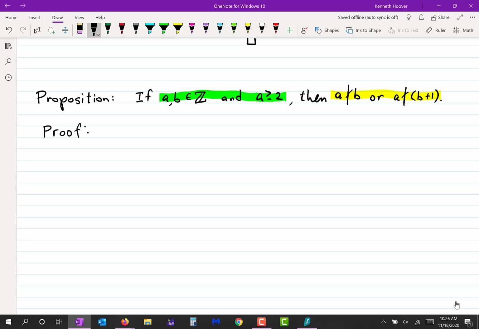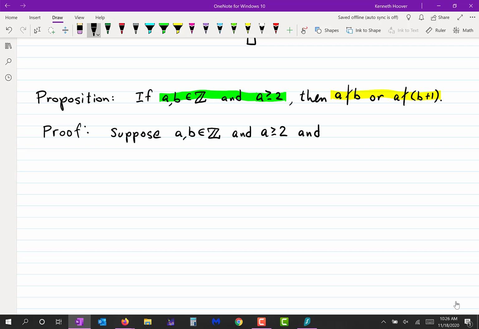And so we want to start by assuming the negation of if green, then yellow. So that means we suppose green and not yellow.